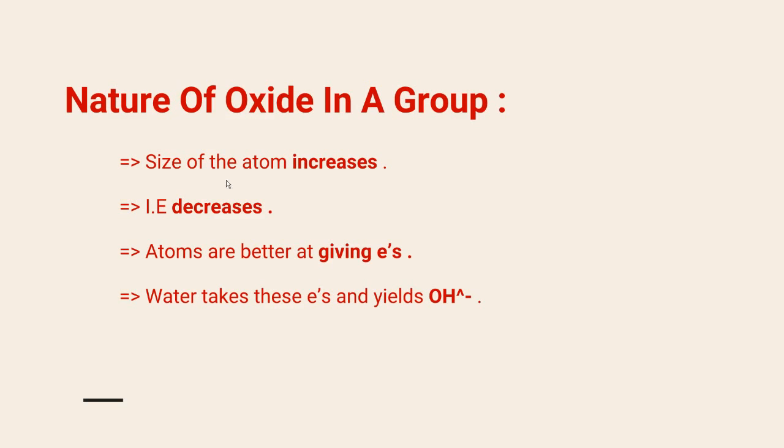Because the distance between the outermost electron and the nucleus becomes greater, so the energy to remove the valence electrons becomes lesser. So ionization energy decreases. So the atoms are better at giving their electrons. Water takes these electrons and then yields OH negative ions. So the nature of oxide becomes basic as we go down the group.